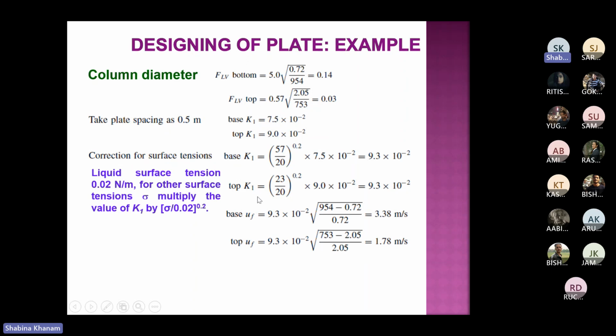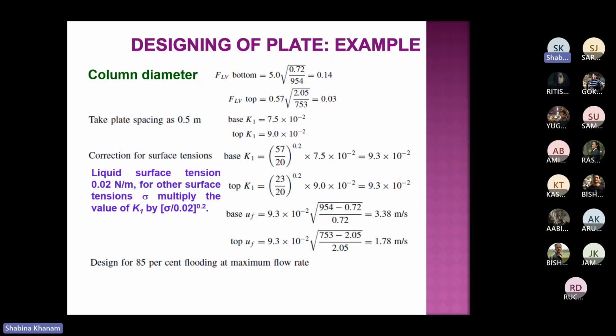Now, once I'm having this K1, we can find out flooding velocity at top and bottom, as you can see over here. This is the flooding velocity in the distillation column. Once I'm having the flooding velocity, the actual vapor velocity should be 70 to 90% of flooding velocity.